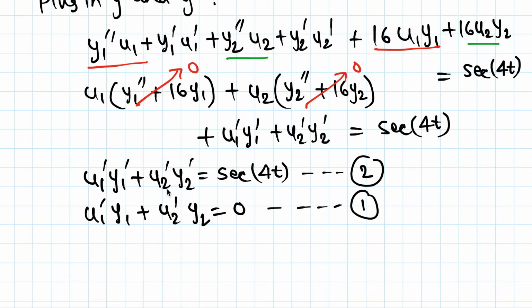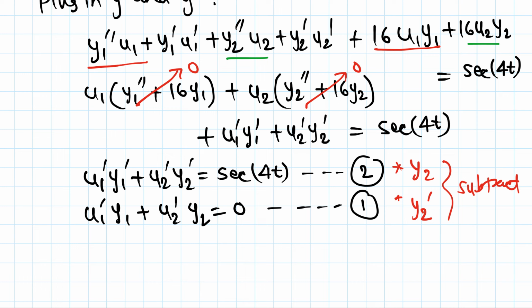So let's get rid of u2 prime. We want to multiply by something so that when we subtract, it gets cancelled. So multiply equation 1 by y2 prime, this one by y2, then subtract.